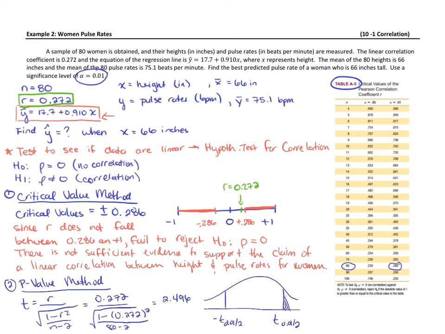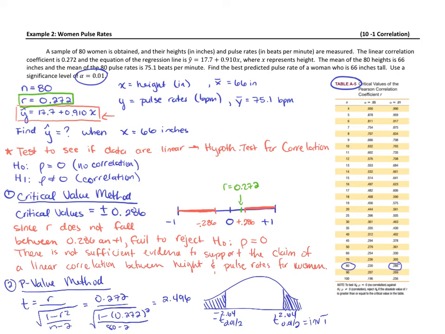Okay, so the shaded regions in the two tails represent the critical region. So you can put this into your calculator, use inverse t. Okay, so inverse t gives us 2.64, and this is negative 2.64. So that's our critical value, negative and positive 2.64.